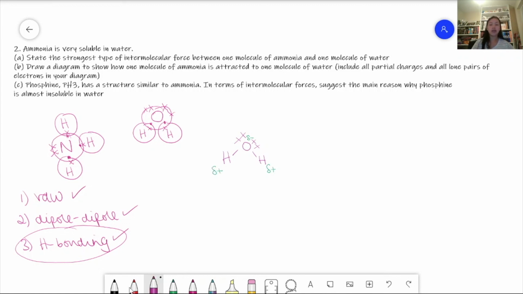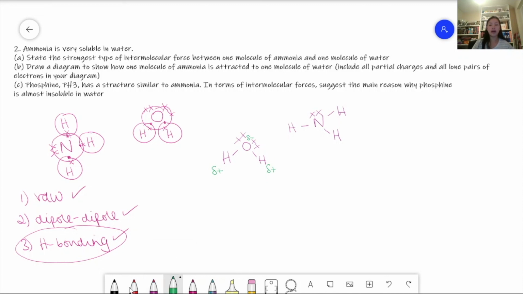And then we have the ammonia, which has 1 lone pair on the nitrogen.